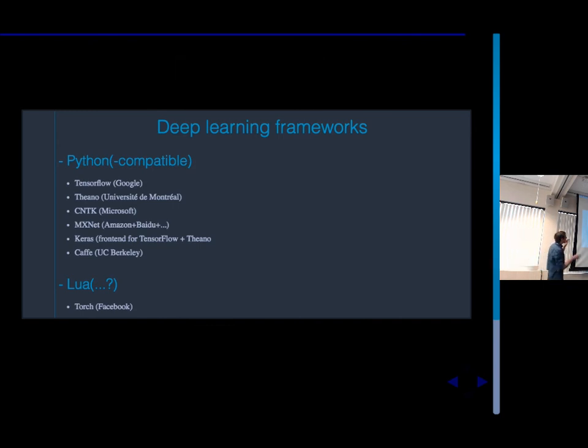Basically, what they all have in common is if you can represent your computation as a graph, which for neural network stuff you always can, then any of these will give you nice tools for handling that. Probably the most popular right now is TensorFlow, which is from Google, but there are advantages to all of these others as well. Caffe is probably on the way out.